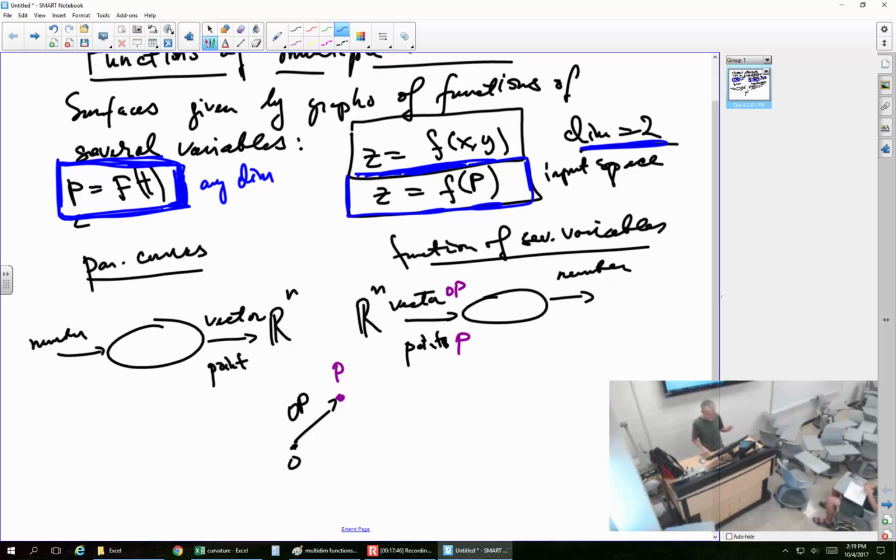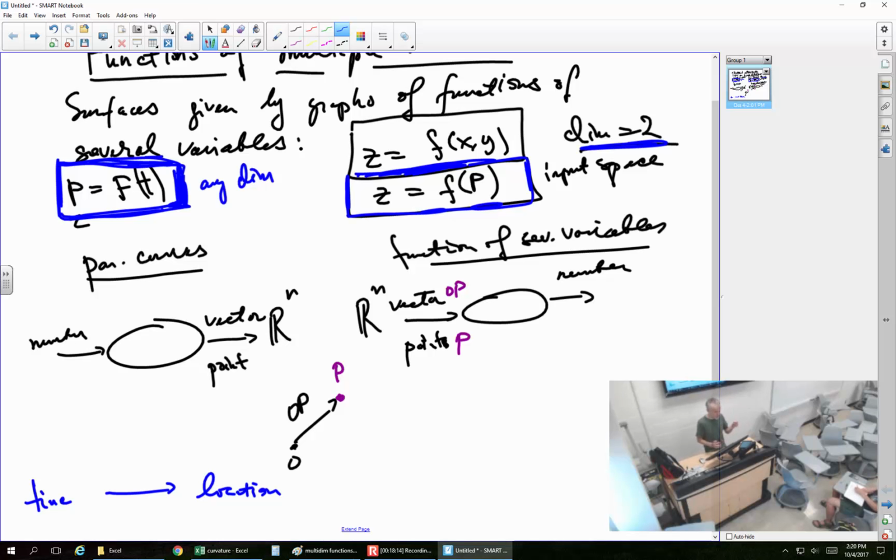Once again, I want to remind you about the two metaphors that I used for these two parts of the course. The first one is motion, for parametric curves. The best way to imagine parametric curves is that the parameter is time, and you have a location in space. Once again, that location could be either a point or a vector; it doesn't make any difference.